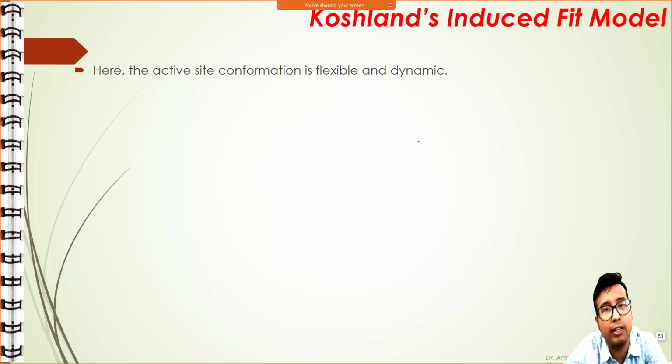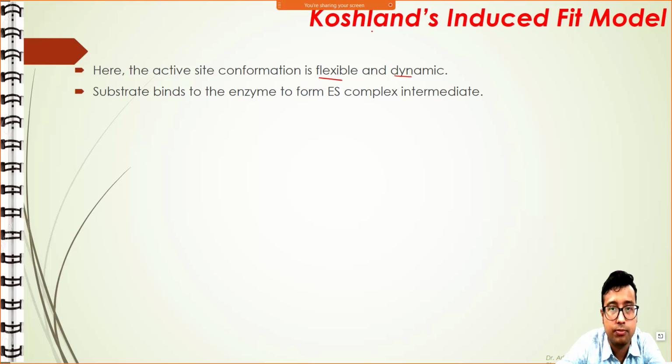So how does the induced fit model differ from the lock and key model? Koshland said that the enzyme doesn't need to be rigid, it's like dough, it will mold itself. So the active site conformation is flexible and dynamic, okay, it can change. The substrate binds to the enzyme and forms an enzyme substrate complex intermediate.